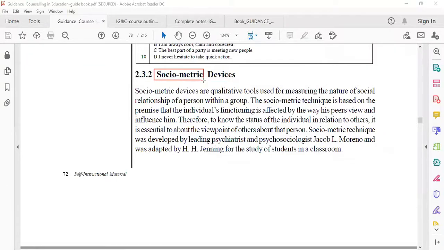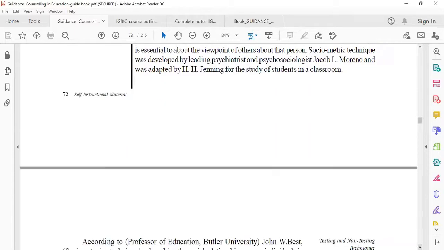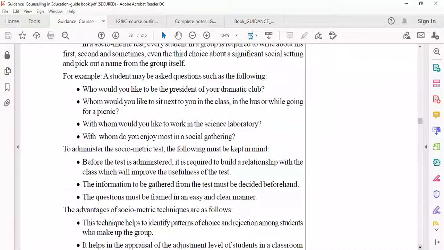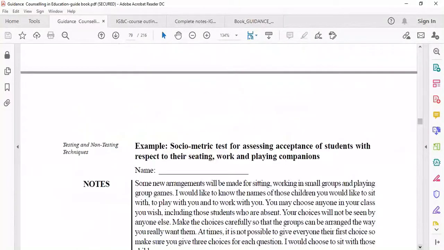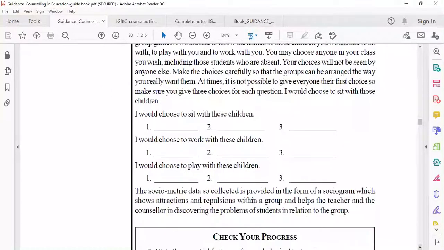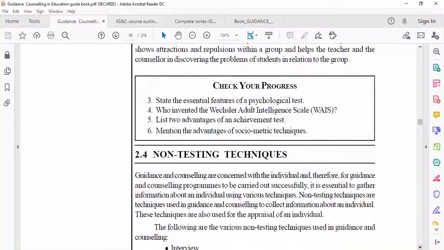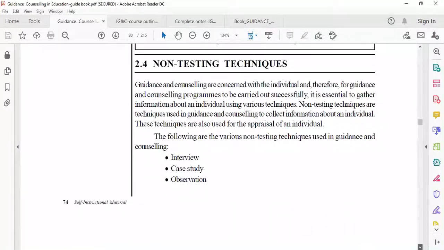In the sociometric test, we study how social that person is. The person who has more friends and more likes in the classroom is called more social and has high sociometry. Whereas the person who is not liked by classroom fellows is not so social.